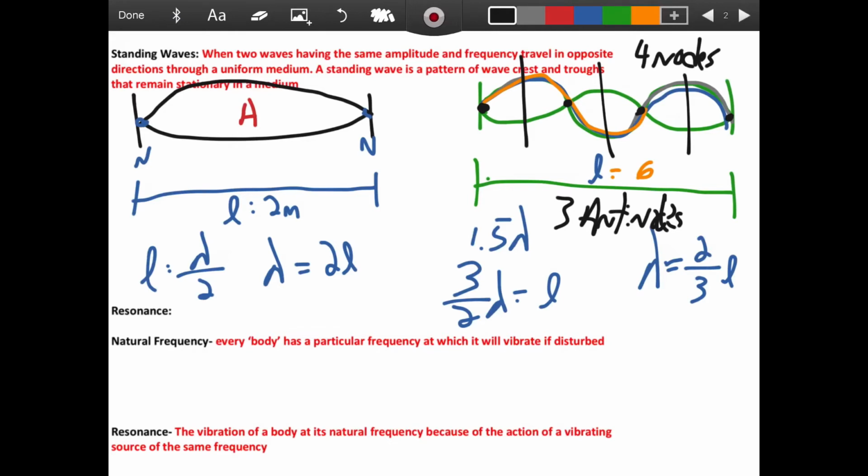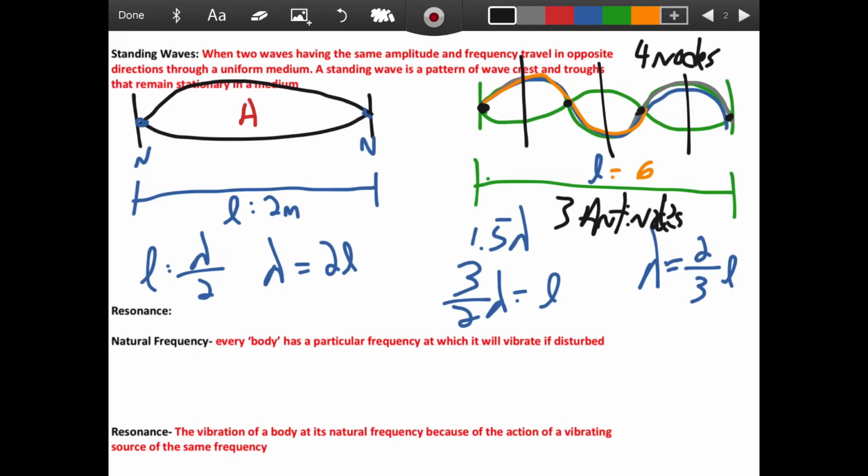So if the tuning fork has a natural frequency of 512 hertz, when you strike it, it will vibrate at that frequency. Now, if you have something that vibrates at the same natural frequency as that source, and they are near each other, resonance will occur.